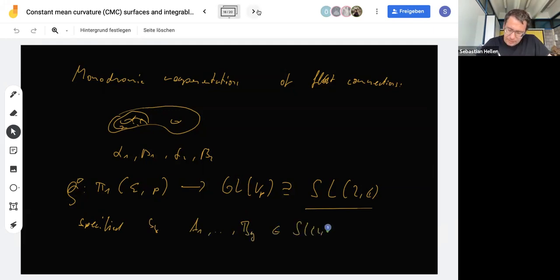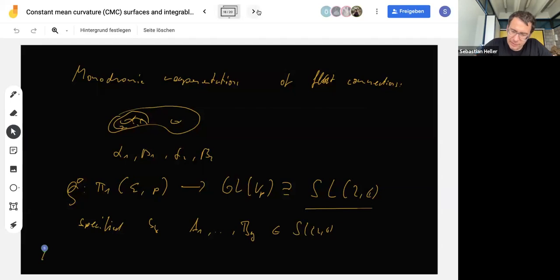So we have 2G many SL2C matrices, but if we apply a gauge transformation, it changes this monodromy representation by conjugation, with the gauge transformation at the prescribed fiber over the point P.